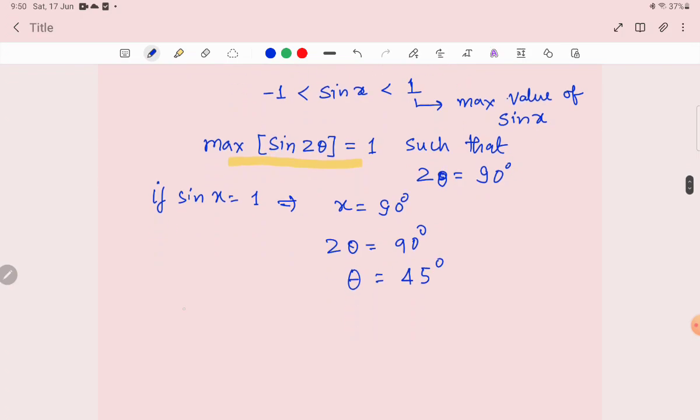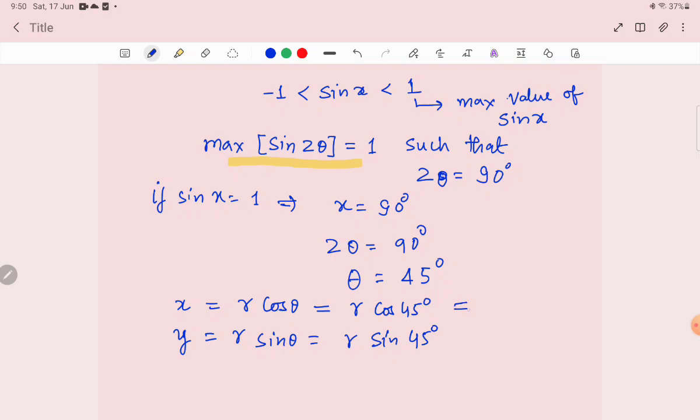So now what will be the value of x and y? x is r cos theta, which is r cos 45 degrees. Similarly, y equals r sin theta, which is r sin 45 degrees.